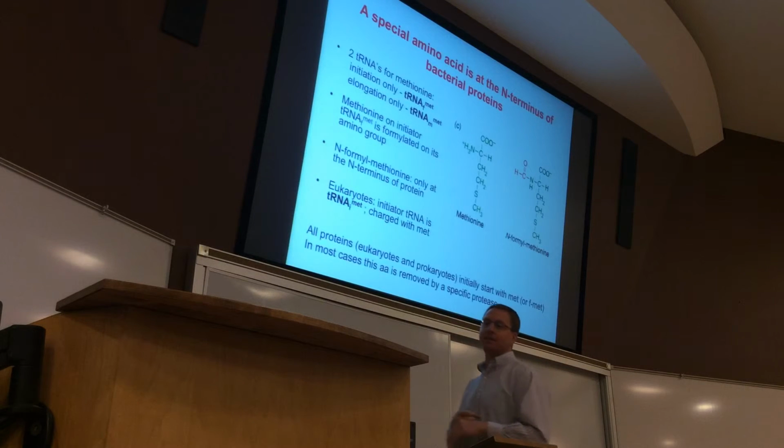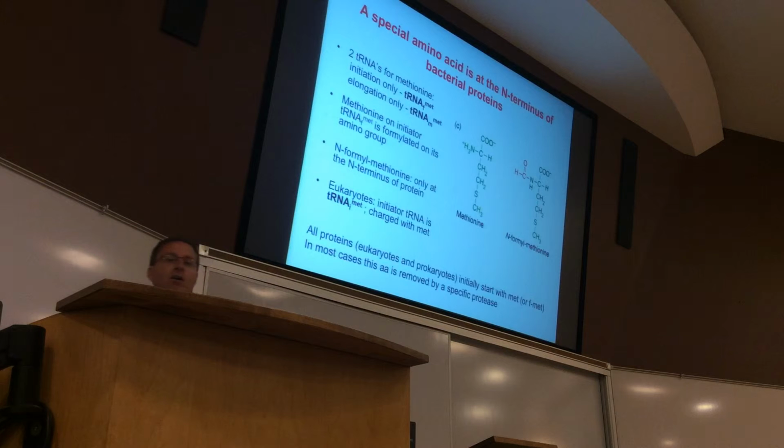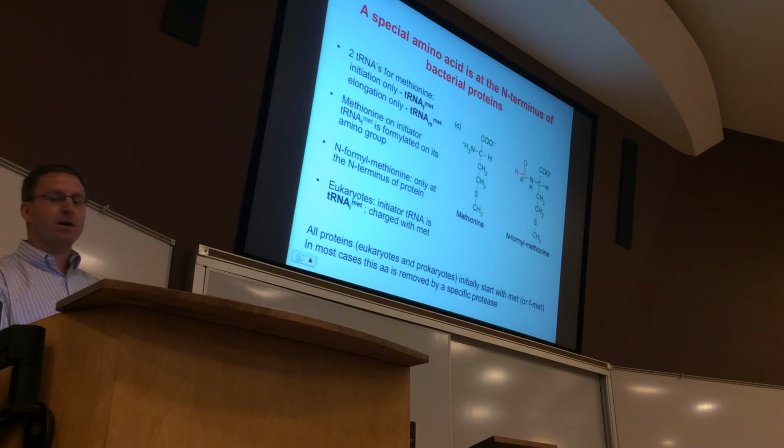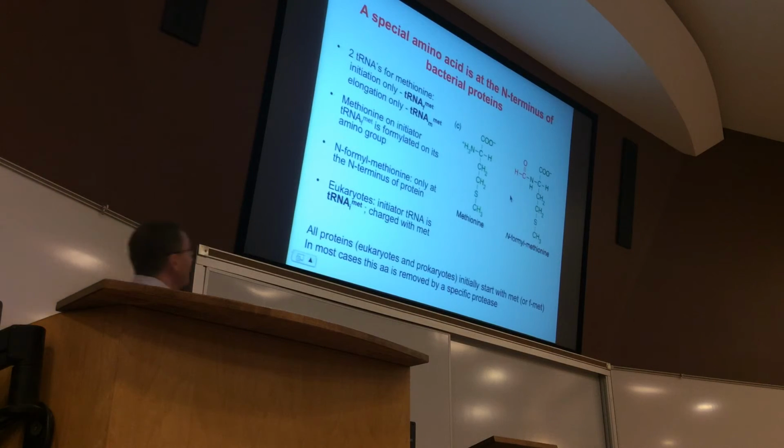All other methionines that might be encoded within the protein use the basic boring tRNA M, which just puts in regular old methionine. And so N-formyl methionine can only be found at the N terminus of a protein. If you think about the chemistry of peptide bond formation, you realize that you can't actually form a peptide bond when your amino group has been modified with this formyl group. That's what happens in bacteria.